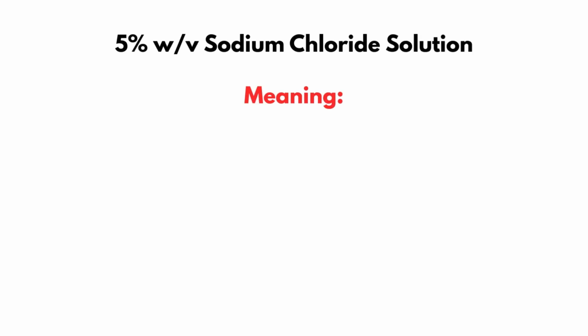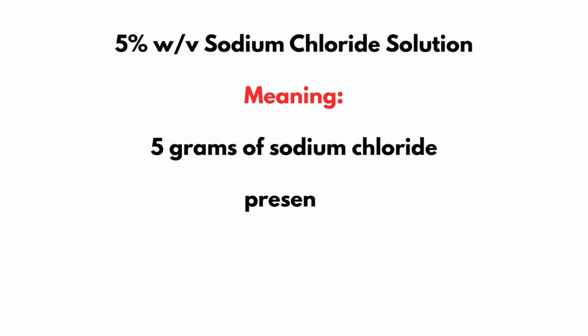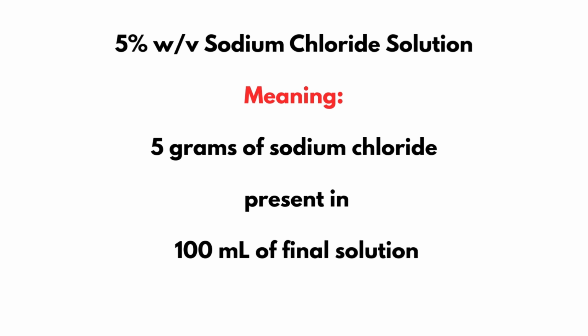So here is one real life example. A 5% weight by volume sodium chloride solution needs to be prepared. What is the meaning? If anybody gives you a task like prepare 5% weight by volume sodium chloride solution, a fresher or someone who has no knowledge of calculation will wonder what to do. So let me break it down.